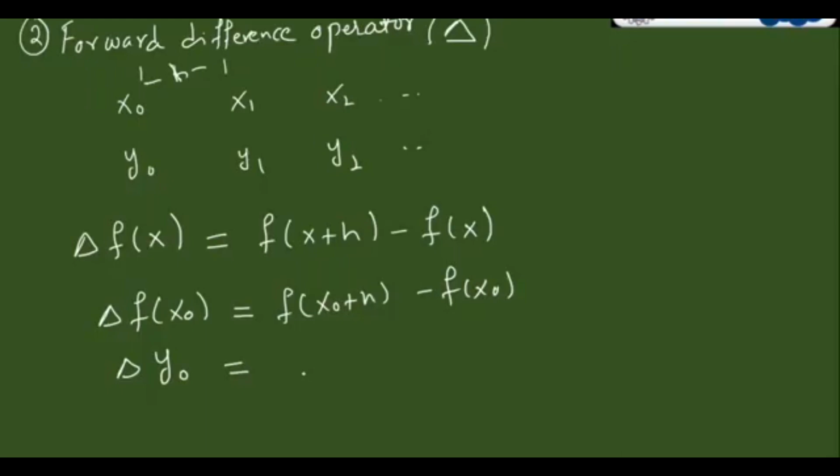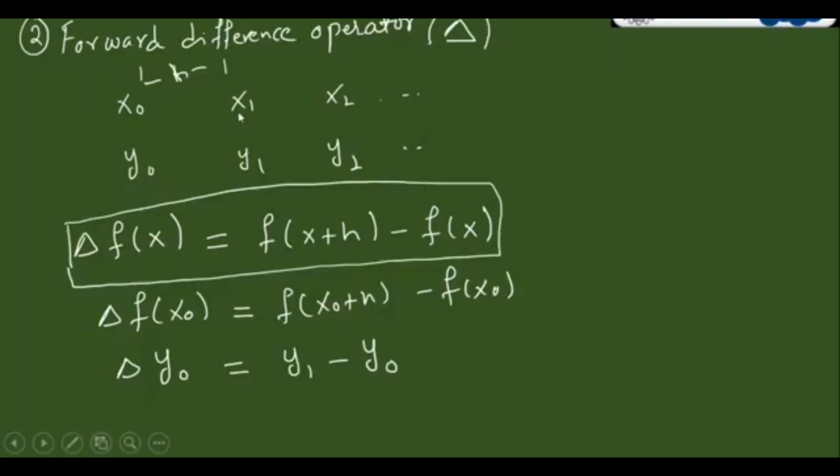So this is the definition of the operator which I am highlighting with the box. The other thing is just calculation. You just need to compute the difference. If I apply the forward difference operator, that is the delta operator, on y1, I have to look at which value is ahead of it and compute the difference, y2 minus y1.